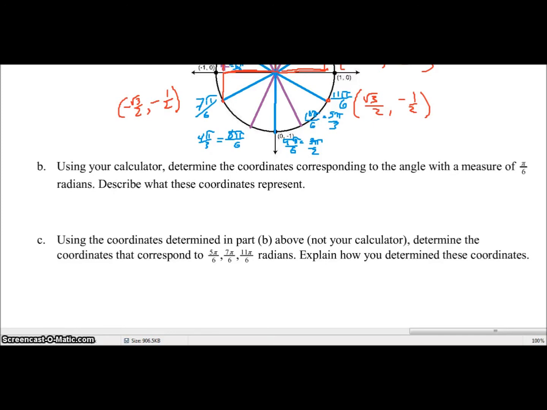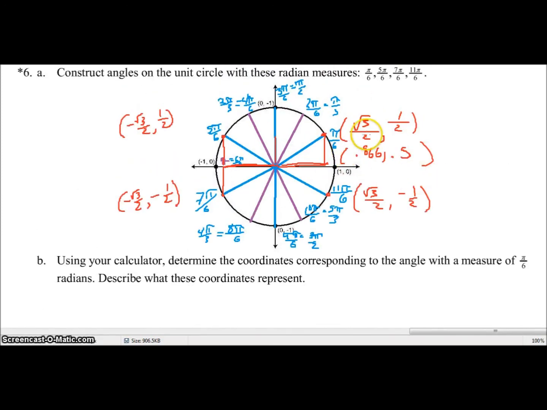So you can see that each of these pi over 6 radian measures have the same coordinates, but the positives and negatives get switched around.